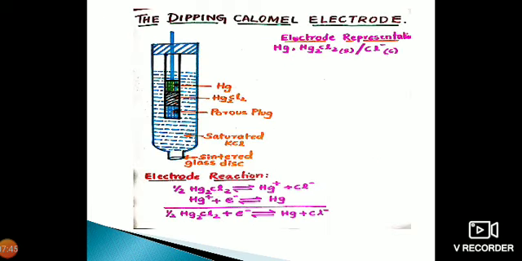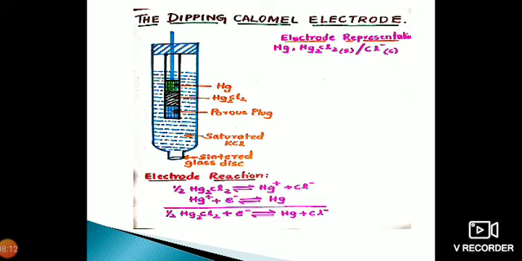This is a dipping type of calomel electrode, wherein we can't use a salt bridge. It has an inbuilt salt bridge. The sintered glass disc present in this dipping calomel electrode works as a salt bridge here. The mercury and the calomel, that is mercurous chloride Hg2Cl2, are held in a narrow central tube by a porous cotton wool plug.